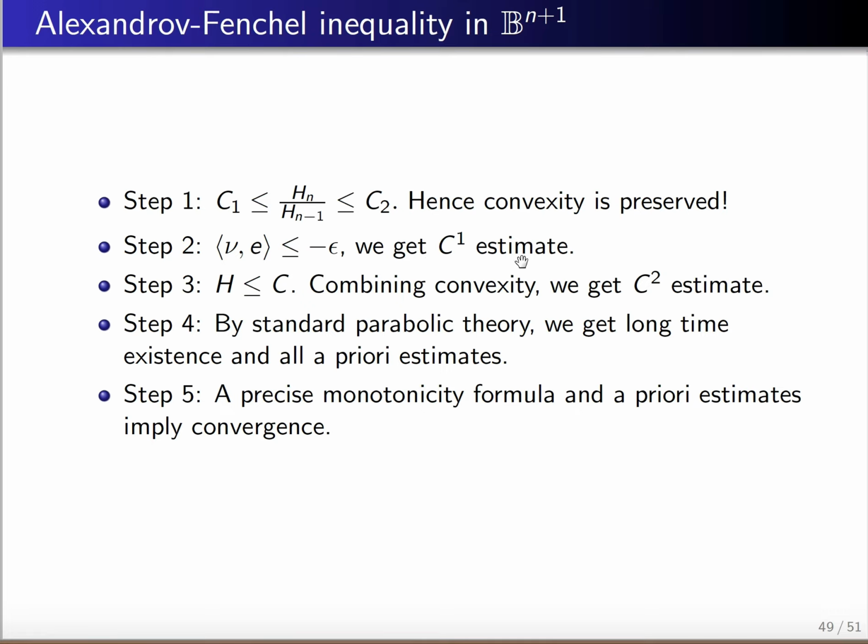Then you get the C1 estimate, and then you prove the mean curvature bound. Okay, so I just omit the details for this proof, and later by using the Montiel-Ros formula, you can get the convergence. Okay.